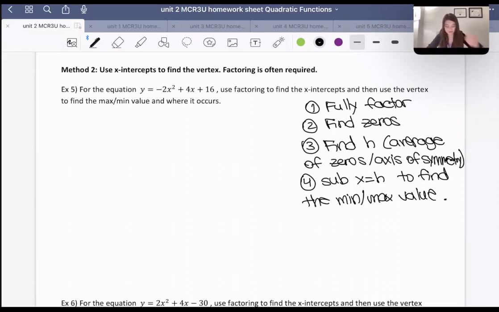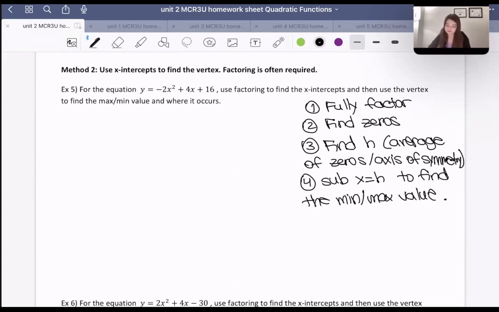So I'm going to talk one more time about why this method works, and also when this method would not work, because this method does not always work. The other method I actually prefer, even though it's maybe a bit more tedious, because it is guaranteed to always work.